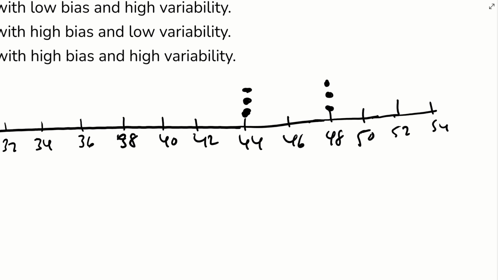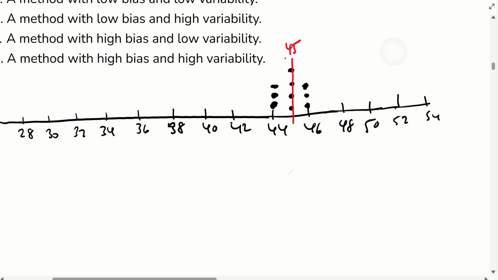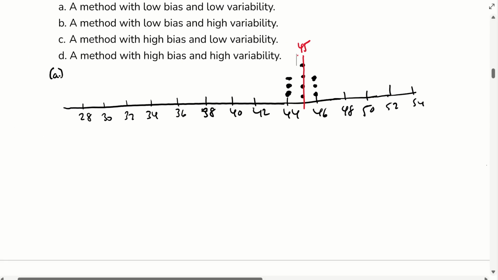I need to move this closer, sorry. 1, 2, 3, 4. And then let's move this one a little closer. All right, so now the center of this for sure is 45, right? But it has low bias, right? And low variability. Okay, so there's an example of that.